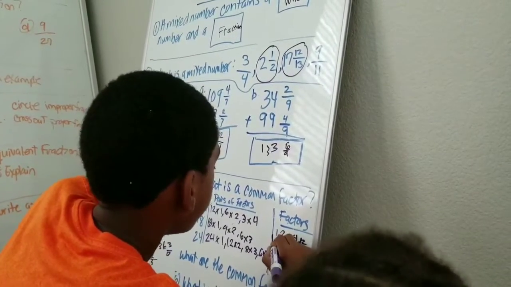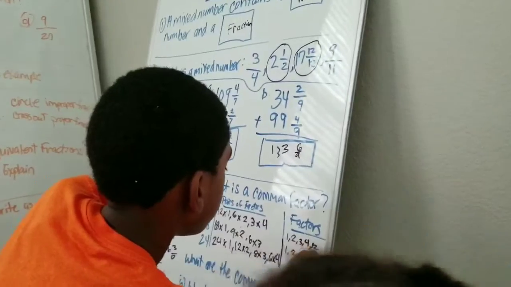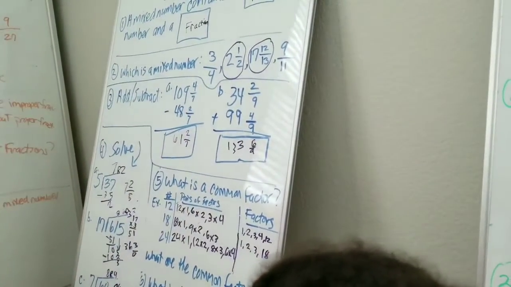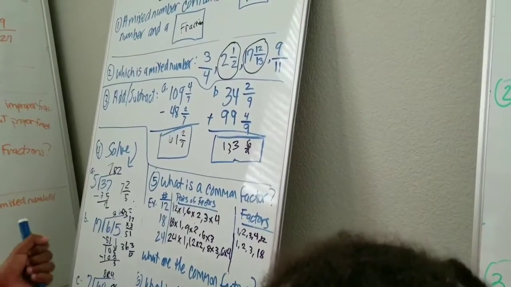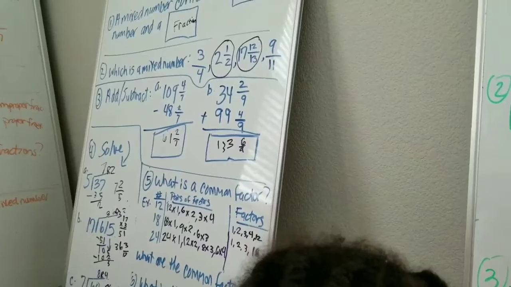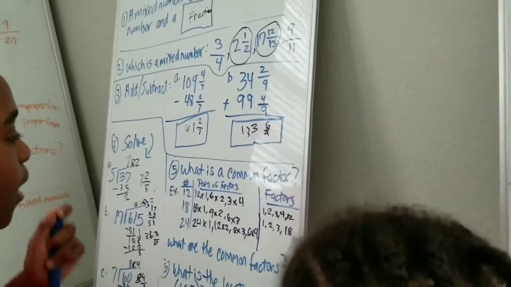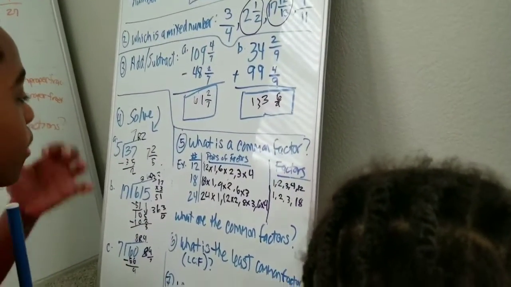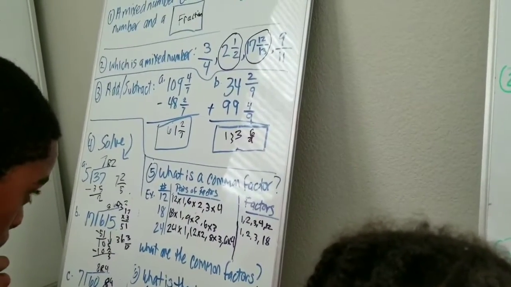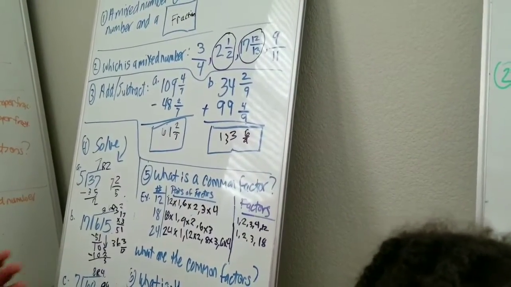We had 1, 2, 3. Before we get to 18, what else? You had 1, 2, 3, right? So before you write the 18, write the other numbers in front of the 18 first.